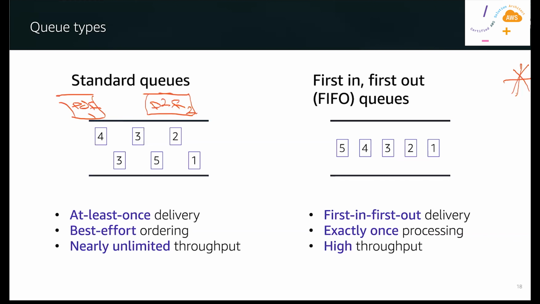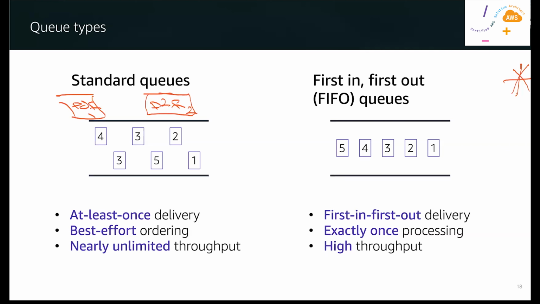It's not mandatory that PDF1 will be processed before PDF2. The order is not really important, and we call this in computer science a best effort service. Now the throughput of the standard queue is unlimited or nearly unlimited, which means you can place a large number of messages and SQS will be highly scalable to process them.